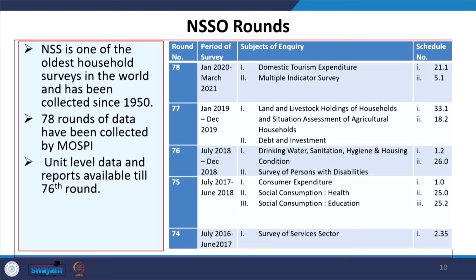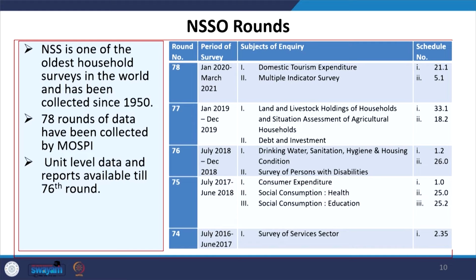So, let us clarify some more details about the NSS rounds. NSS is in fact the oldest and largest household survey in the world, collected since 1950. The 78th round of data has been collected by MOSPI, the latest one. The unit level data and reports are available up to the 78th round online, freely available for researchers.